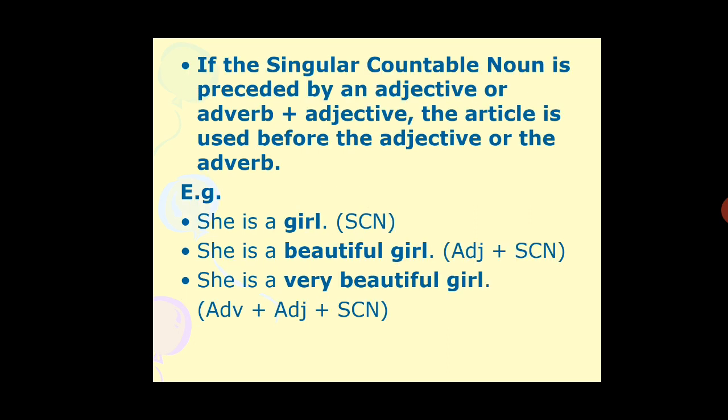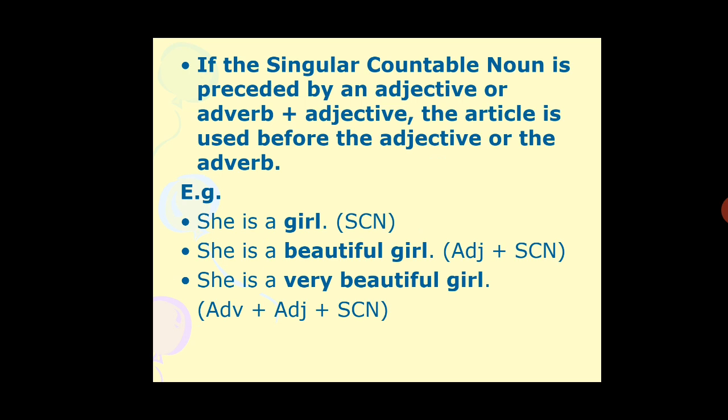Let's go ahead. If the singular countable noun is preceded by an adjective, sometimes students have confusion that if there is an adjective before the singular countable noun, then what should we do? In that case, if a noun is alone, you will just put an article before the noun, just like in the first reference, she is a girl. So here you can say singular countable noun. But in the second instance you can say she is a beautiful girl.